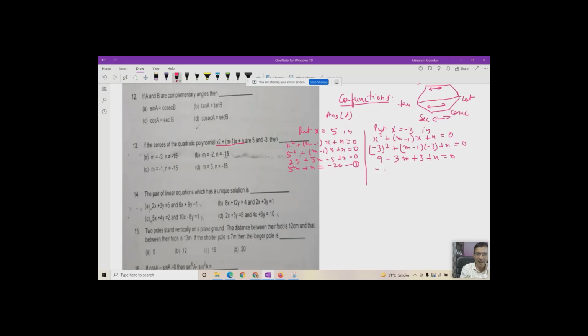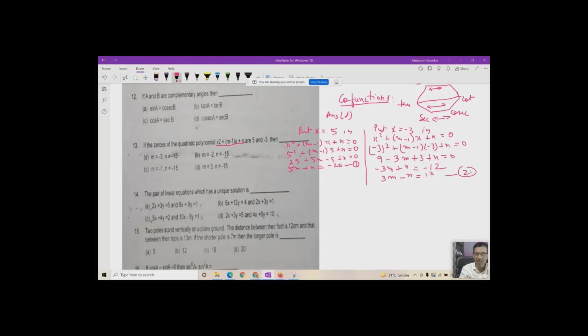So minus 3m plus n; 9 plus 3 is 12, which I shift to the other side as minus 12. Further, I can write this as 3m minus n equal to 12.